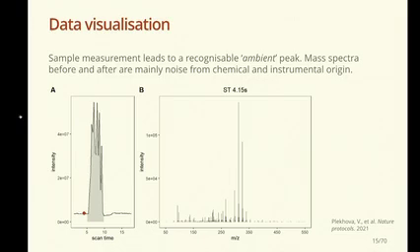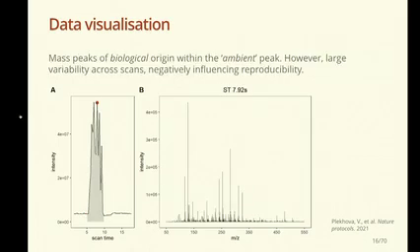All of the ions are measured simultaneously. They are all introduced to the mass spec at the same time. Of course, before the sample measurement, we acquire more the chemical noise, the instrumental noise, which is of course of no biological significance. But then at the top of the ambient peak, we have a biologically informed mass spectrum, which we can then do our data preprocessing on.